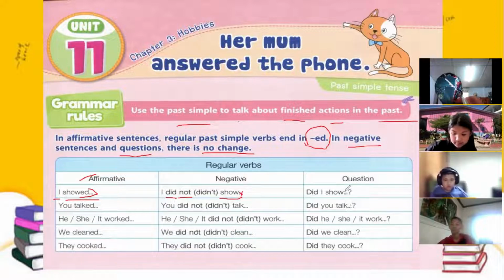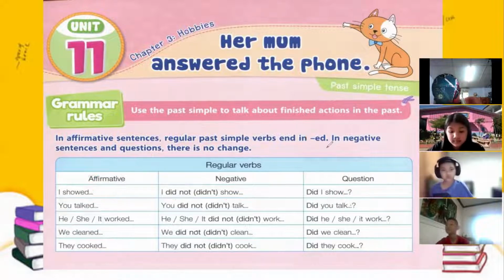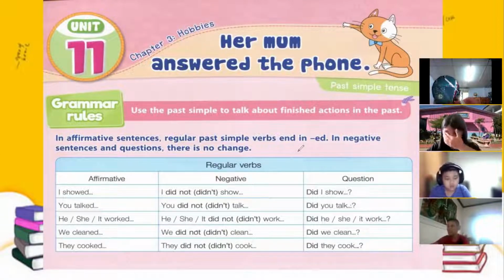Similarly, in the question sentence there is no ed, it will be unchanged. So you have to remember for the regular verb in affirmative sentences, we add ed at the end, but in negative and question sentences, it will be unchanged.